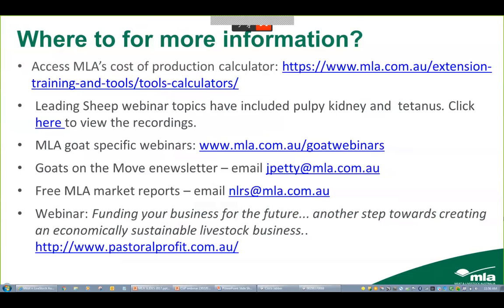And Profitable Grazing Systems is an extension and adoption program that Meat and Livestock Australia has been piloting recently, which is all around looking at producers' profit drivers across a whole variety of topics, such as the feed base within your business, looking at your supply chain, all that sort of stuff. So there's some exciting opportunities coming up soon to get involved in programs such as those.